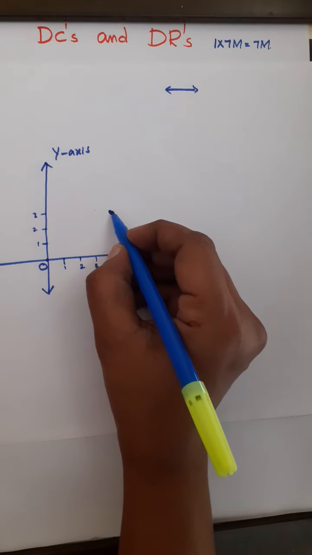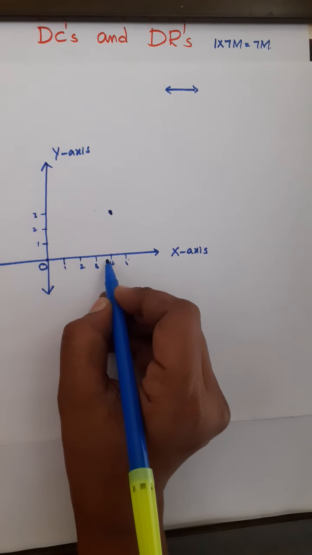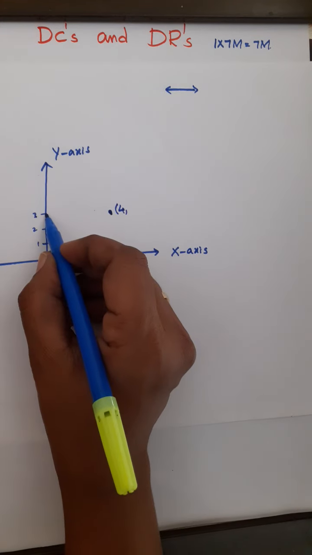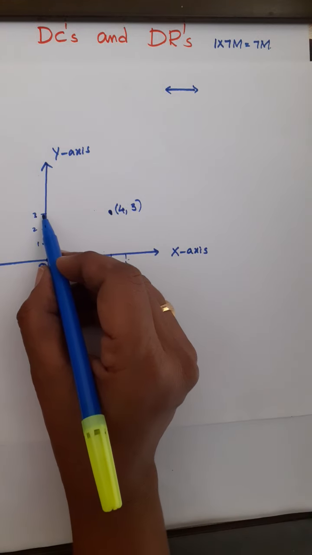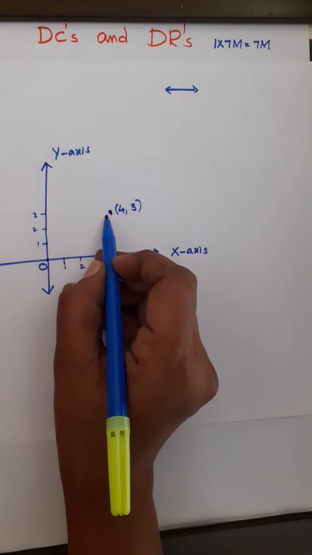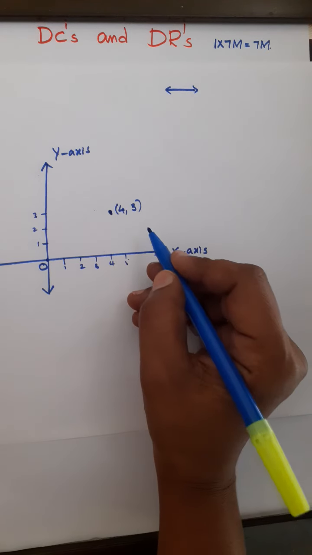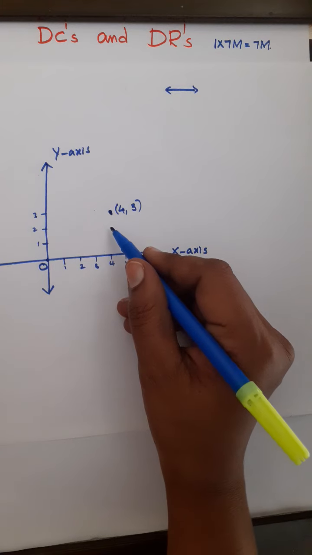You see this point, the position of this point is 4 units on the x-axis, so x coordinate, and y coordinate 3 units. That is, this 4 is the perpendicular distance from the y-axis. This 3 is the perpendicular distance from the x-axis. So this (4, 3) is the position of this point.